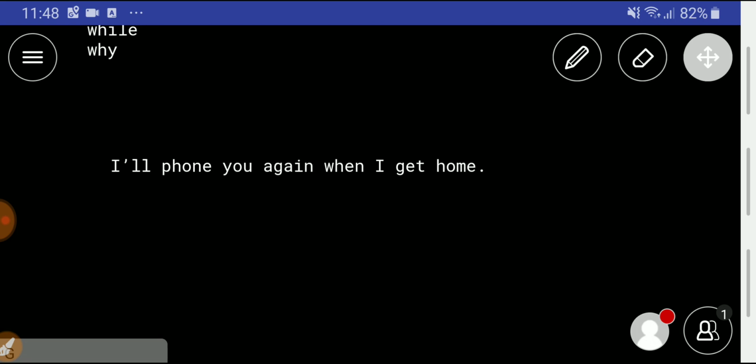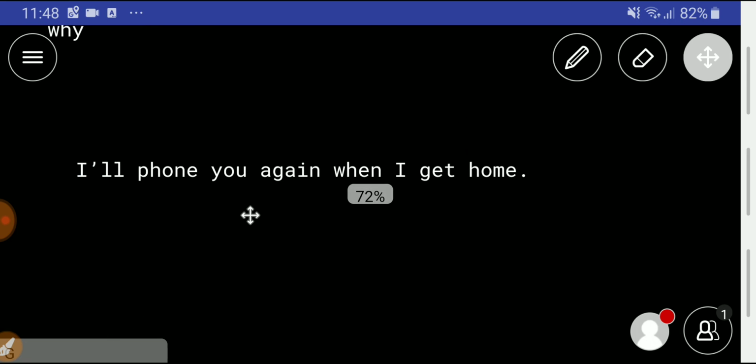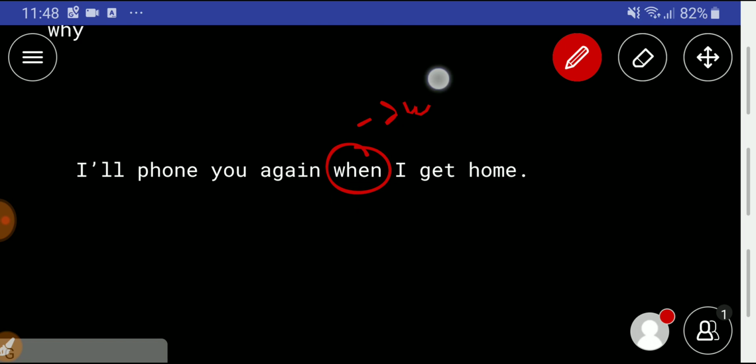We know that "when" is a subordinating conjunction. It will be used before the subordinate clause or dependent clause.